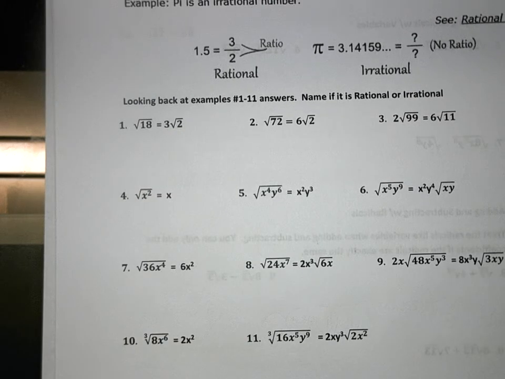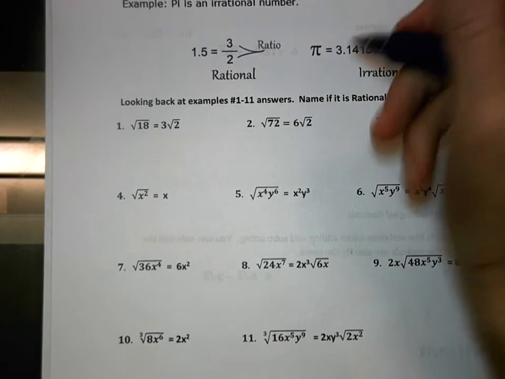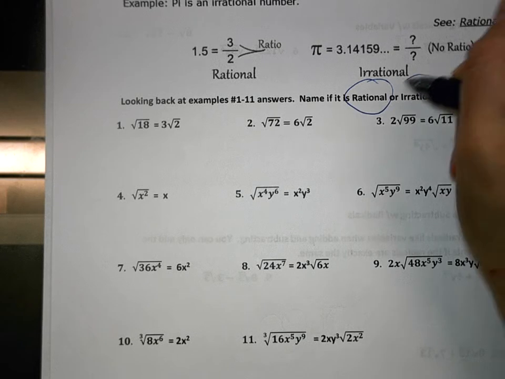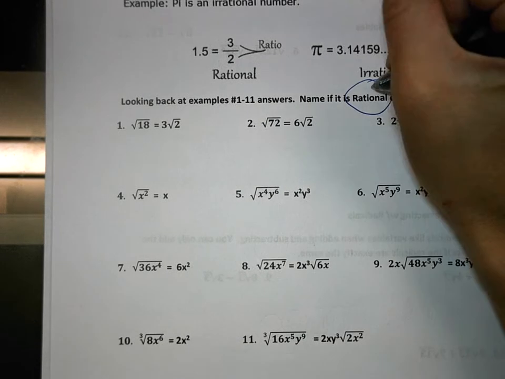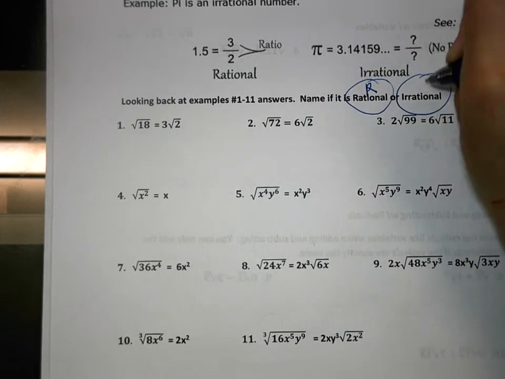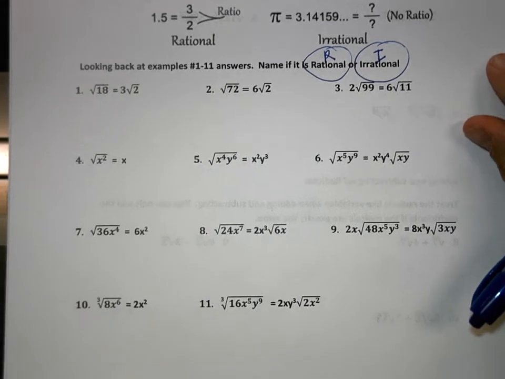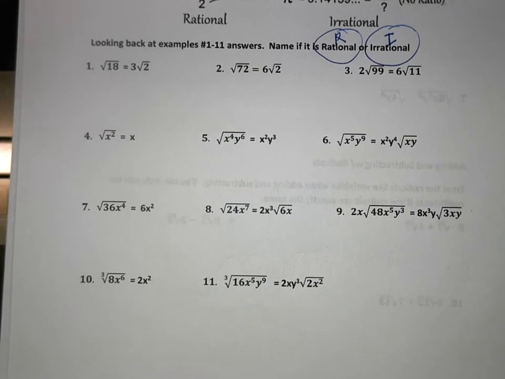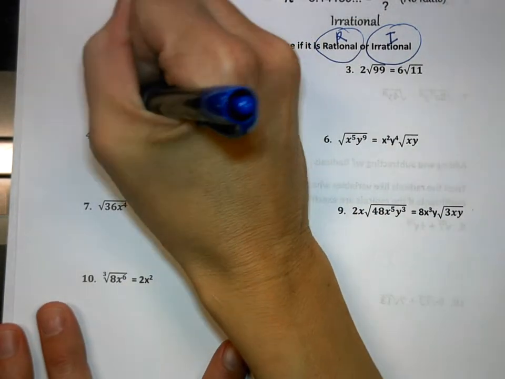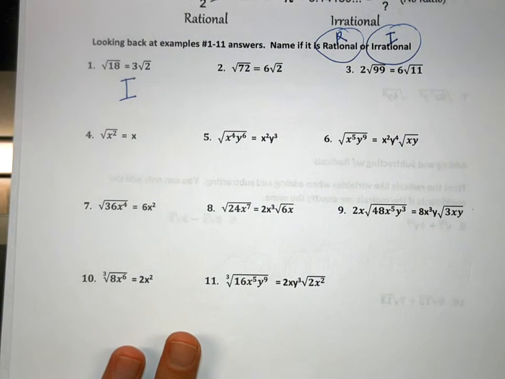So all we're going to do is name these as rational or irrational. And guess what we're going to do? We're going to use an R for rational and an I for irrational. I know, it's crazy. Okay, so number 1, what is that? Irrational. Very good. Number 2, irrational.